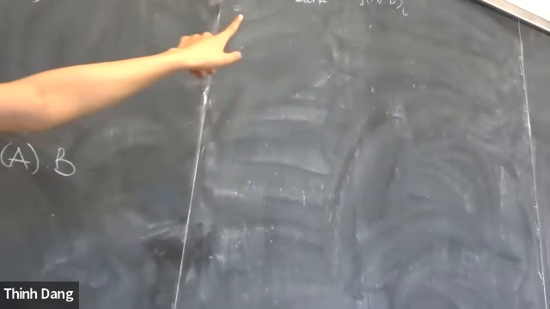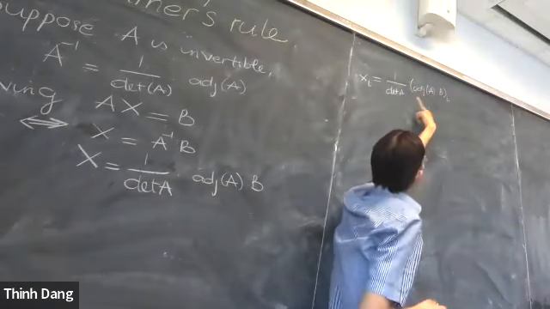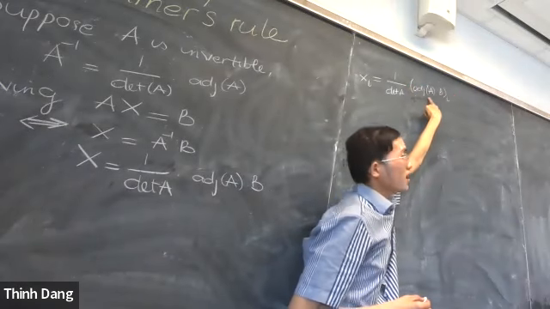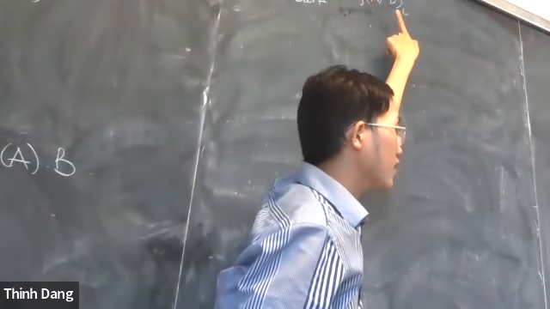We have two matrices multiplying with each other. Remember, the adjugate of A is a square matrix and B is a column vector.